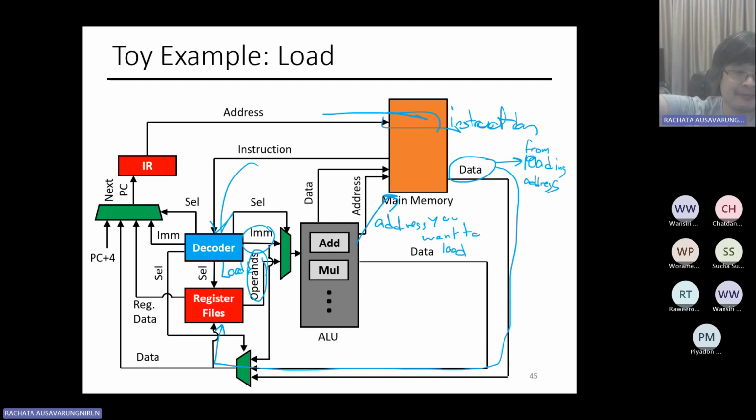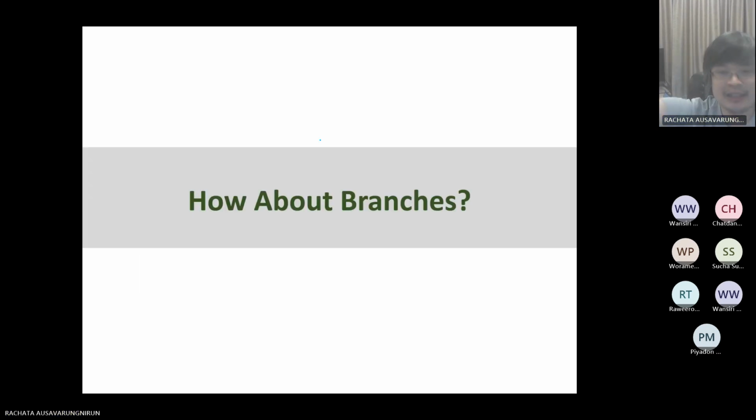You want to load something from your memory into the register. So in this case, the decoder will make sure that it writes to that register. Then you move the program counter, PC plus 2. Again, this is PC, not IR. So now address will become address plus 2, which moves us to the next instruction.